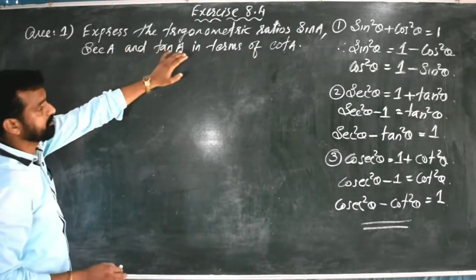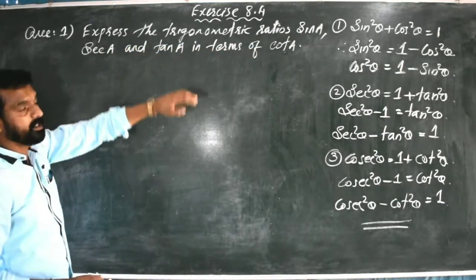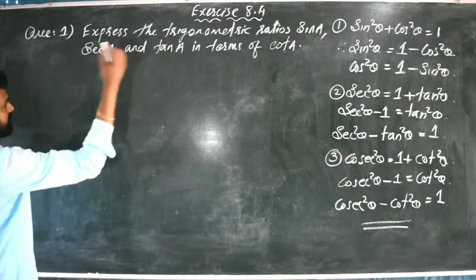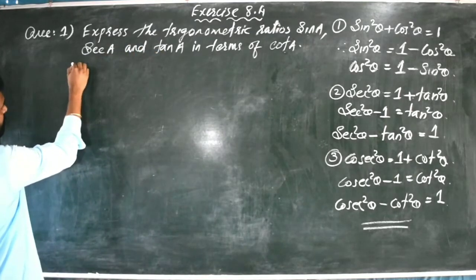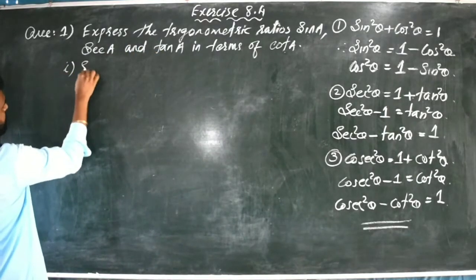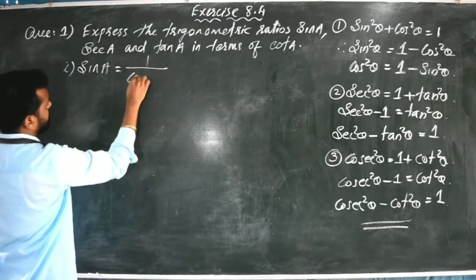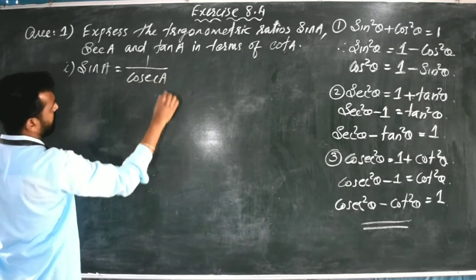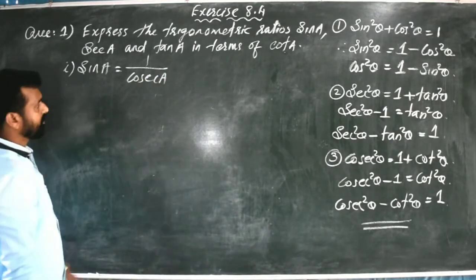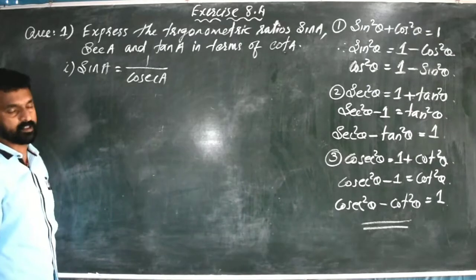Express the trigonometric ratios sin A, sec A and tan A in terms of cot A. So first sin A we can express in terms of cot A. First we will write sin A is equal to 1 divided by cosec A. Cosec theta and sin theta are reciprocal ratios.